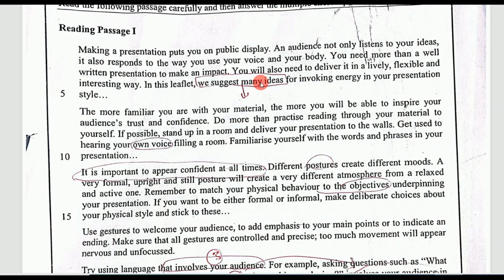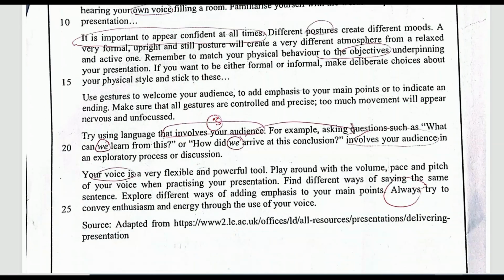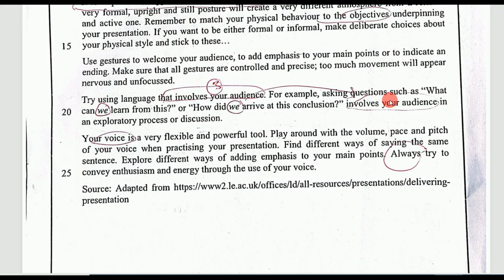First he is talking about, we suggest many activities. What are these many activities? Hear your own voice, it's a technique. Then he talks about appearing confident, good posture, and behavior to the objectives. Then he talks about involving your audience, and your voice, the same one as discussed before.